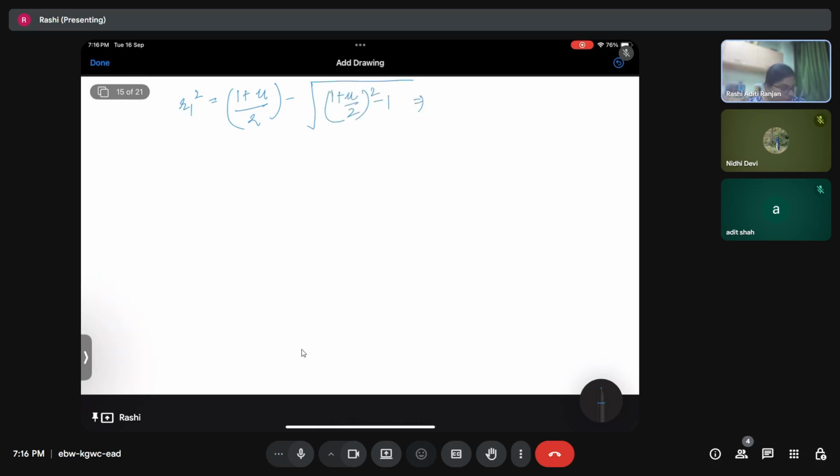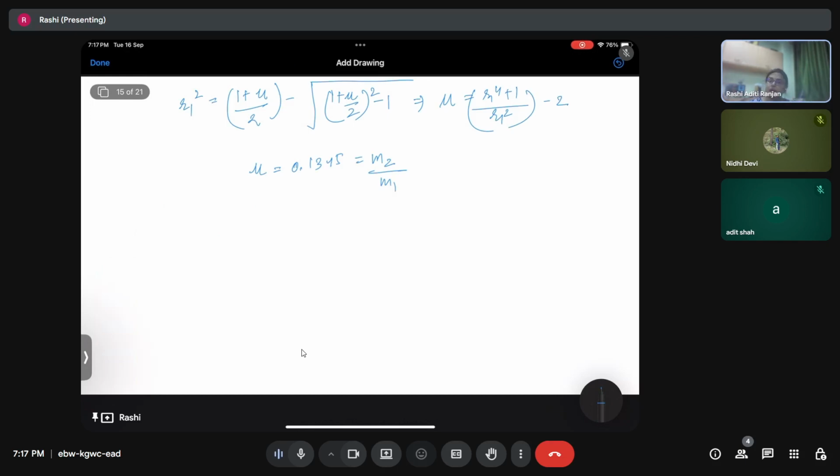This will give us mu as r1 to the power 4 plus 1 by r1 square, minus 2. When I put the value of r1, which I've already calculated, we get the value of mu as 0.1345, which is nothing but m2 by m1.